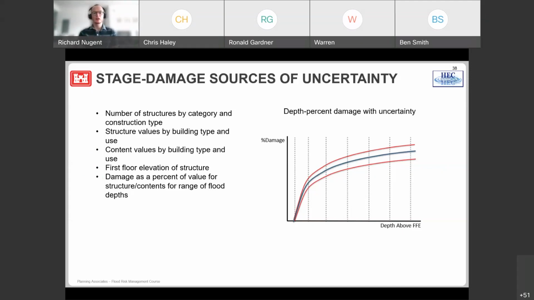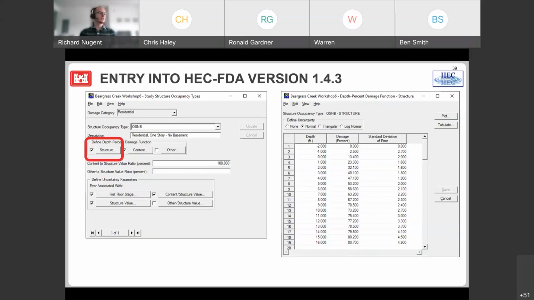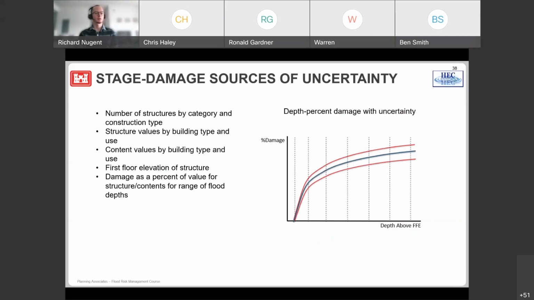So let's talk about how we can get the data we need into HEC-FDA to compute stage damage functions. The first thing that we need to do is identify structure occupancy types. So for different groups of structures, such as residential one-story no basement or residential one-story with basement, we're going to have a depth percent damage function, right, which is this relationship you see on the right-hand side of the screen.